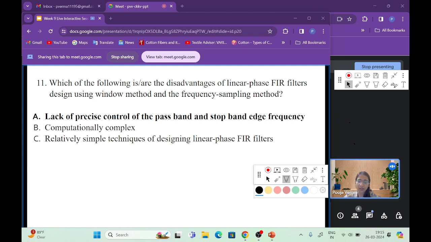Option C is a relatively small technique of designing linear phase FIR filters. The disadvantage of the linear phase FIR filter is lack of precise control of the pass band and stop band edge frequency. So the correct option is A.